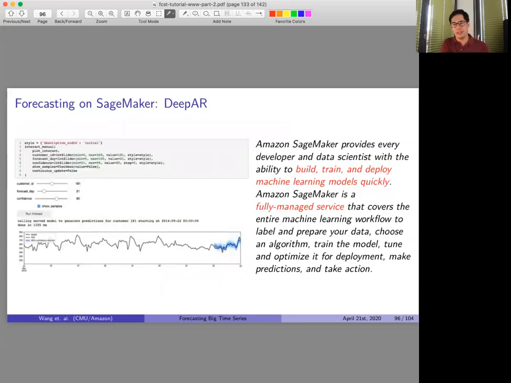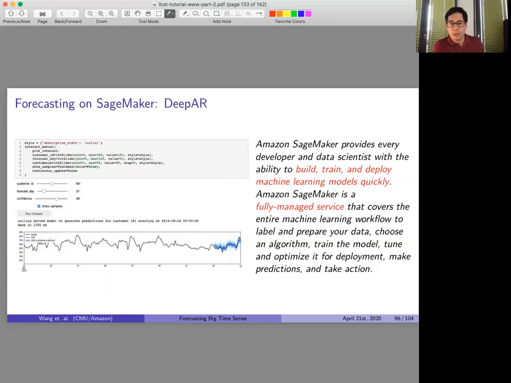Okay, this was basically the ML frameworks layer. On the next layer upwards of the AWS offerings, what we have is DeepAR. It's an algorithm that was available in GluonTS, open source, but also in SageMaker in a slightly different version.